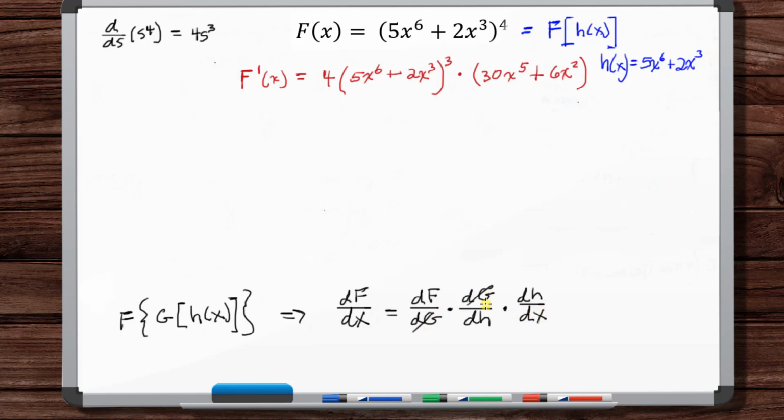And you can imagine all of these canceling, and you get what you're looking for, right? So that's what we're doing here. It's df dh, which is what this is, times dh dx is what we did in order to get this f prime of x.